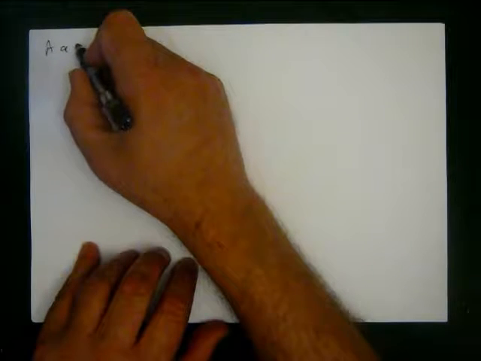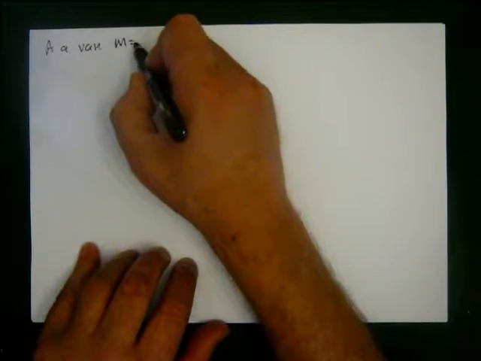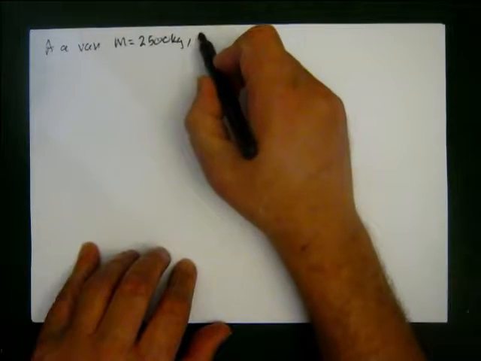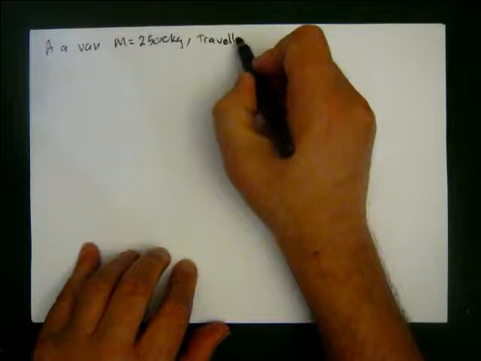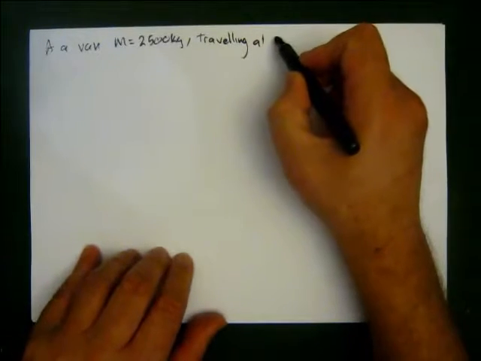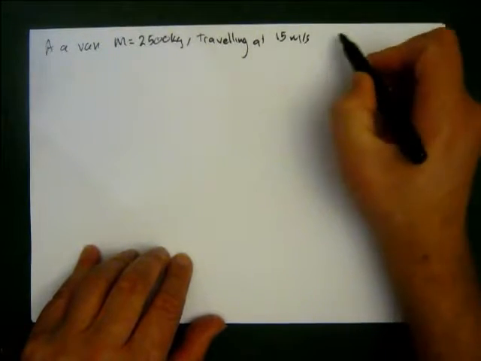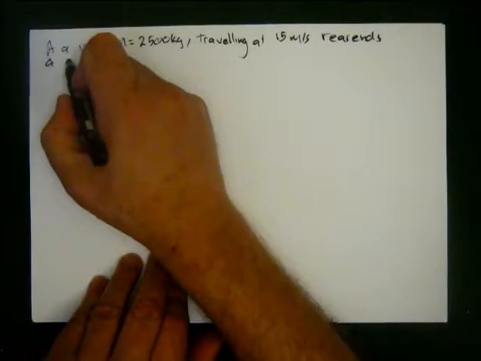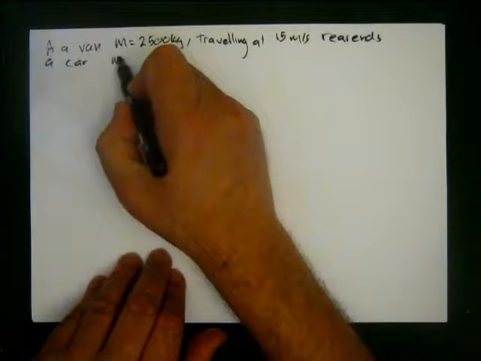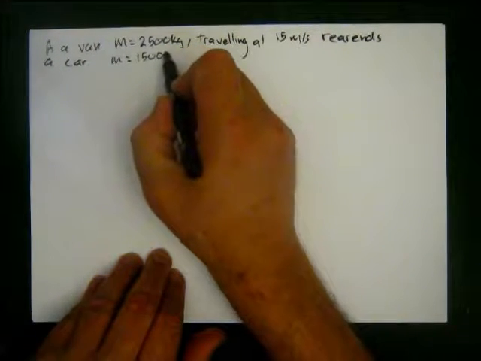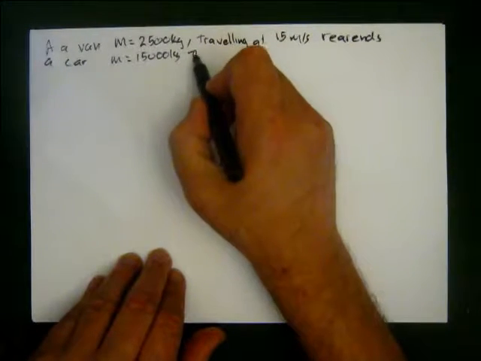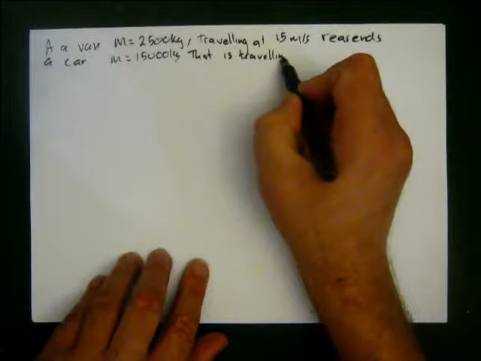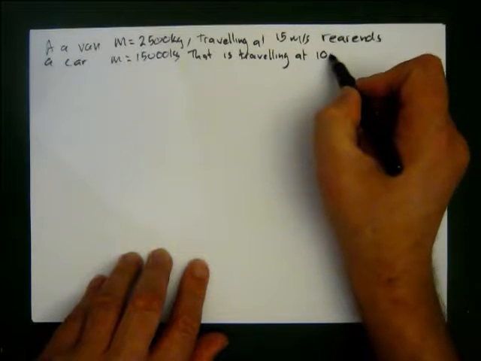So a van, mass equals 2,500 kg, travelling at 15 meters per second, rear ends a car, mass equals 1,500 kg, that is travelling at 10 meters per second.